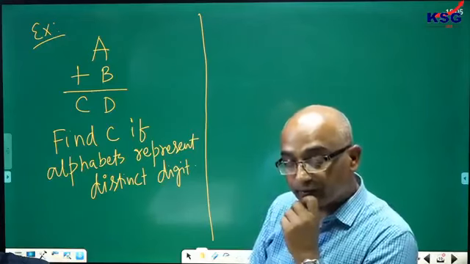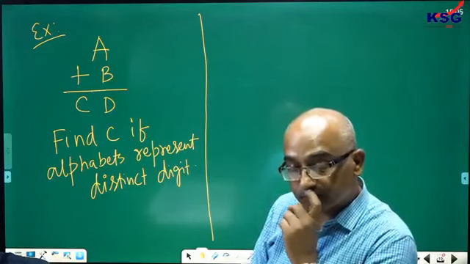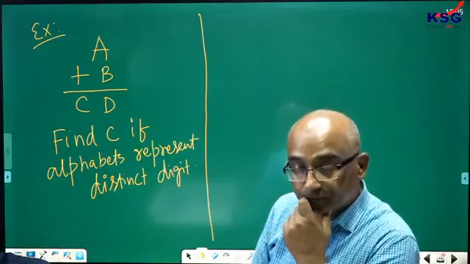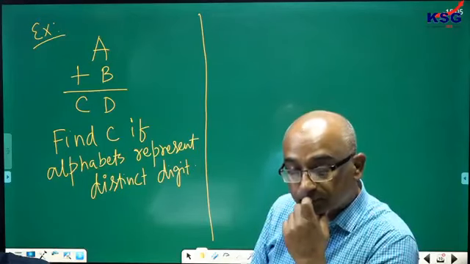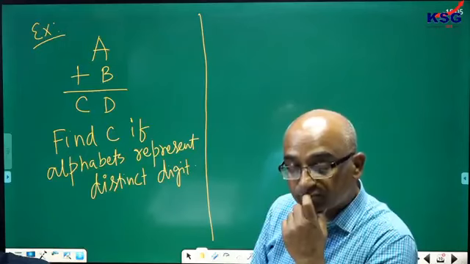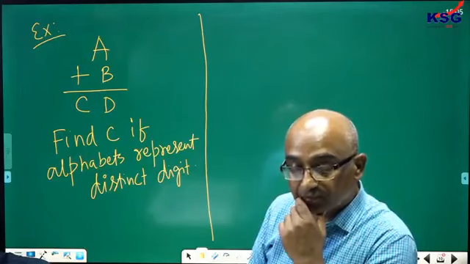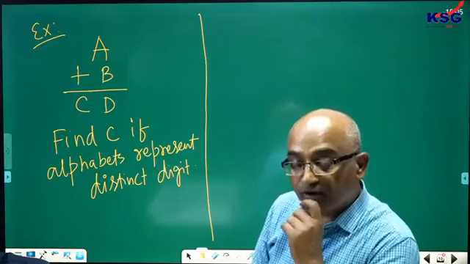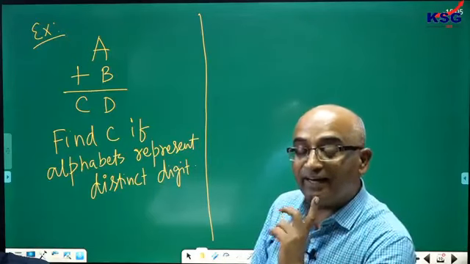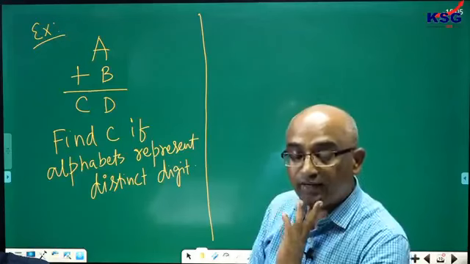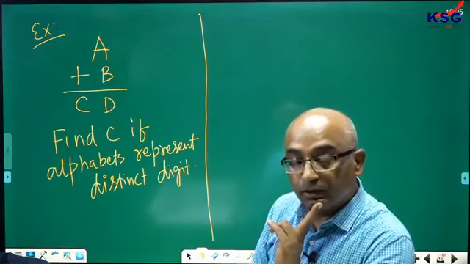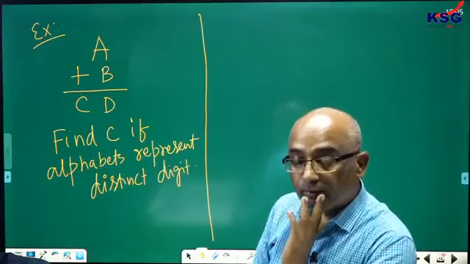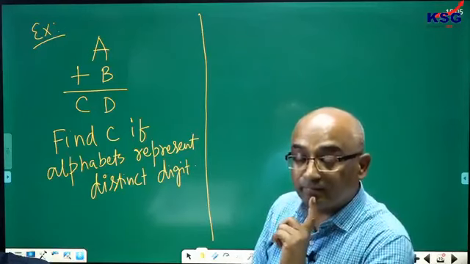Yes, very good. No student, the sum of even numbers is given by n into n plus 1, not 2n. 2n is wrong. 2n is the nth term.